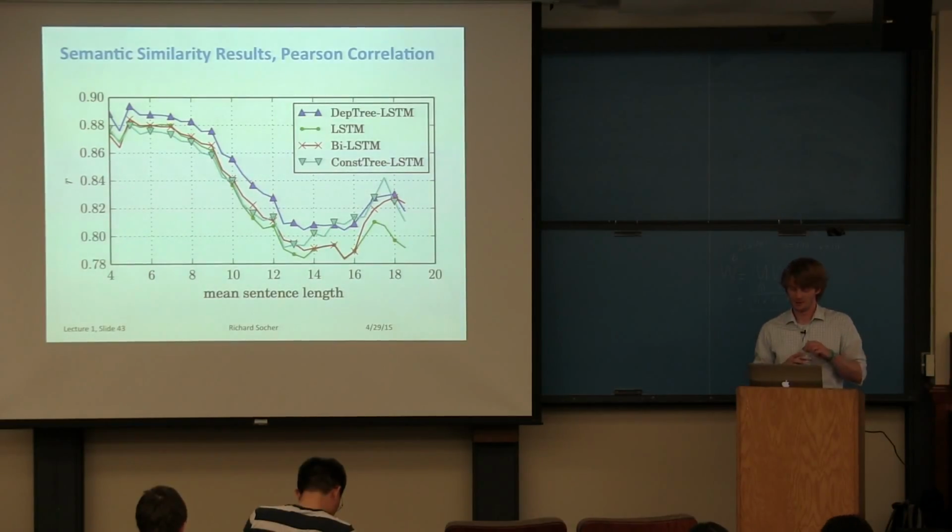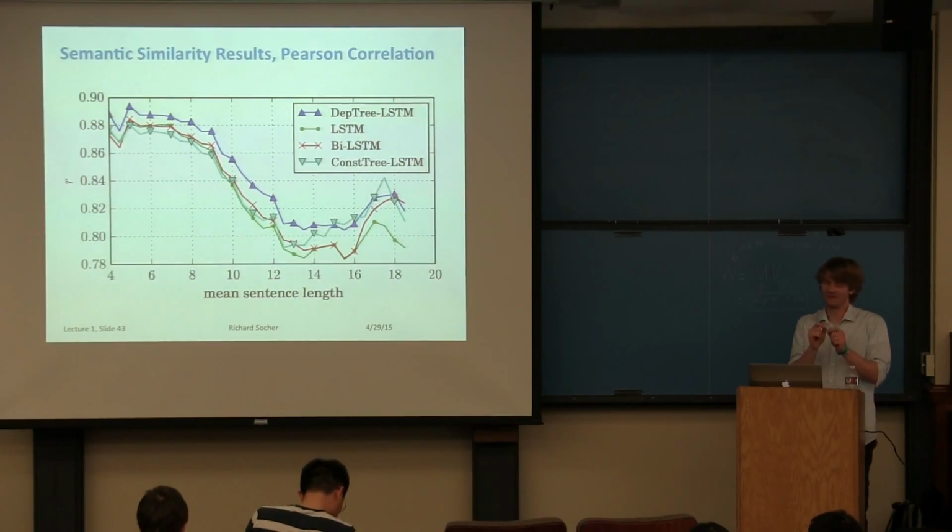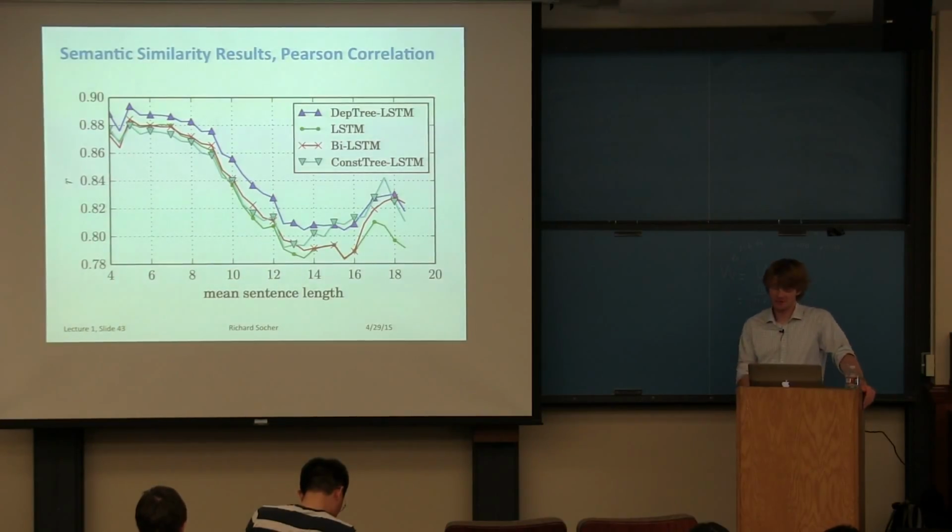Yeah. Why does it increase again? I think one thing to be said is that the longer the units of text are that you care about, the less you have to understand how each of the words affect each other. That is one thing. Another one is, I don't know.